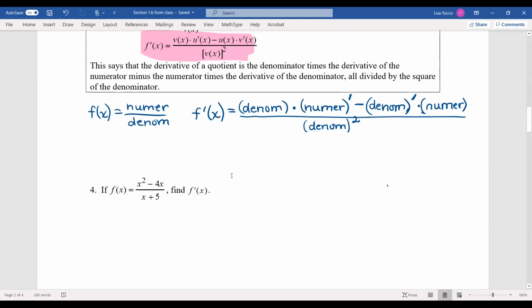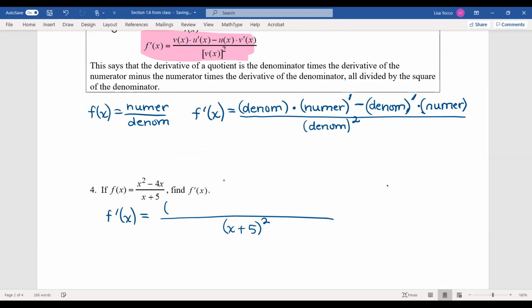All right. So let's use that for number 4. I usually do something like this, and maybe just go ahead and put this denominator squared in the bottom. And so here we go.